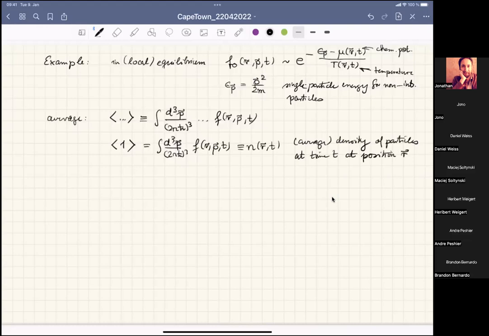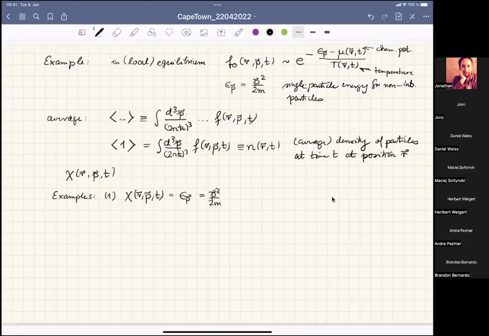And then I can generalize this. Instead of 1, I take something else. Let's say chi is an arbitrary function of position, momentum, and time, and this is some property of the particle. For example, if I take chi to be the single particle energy, which I just introduced in the previous transparency, what do I get then?